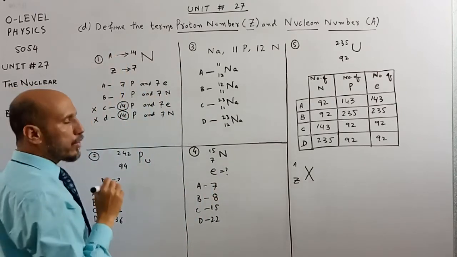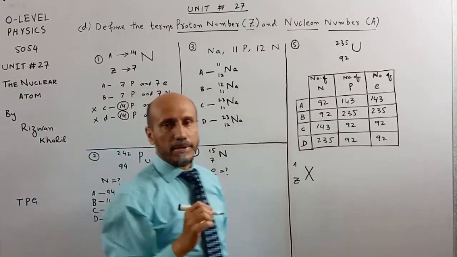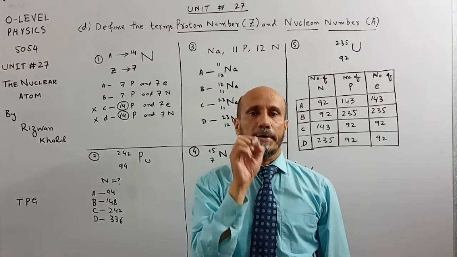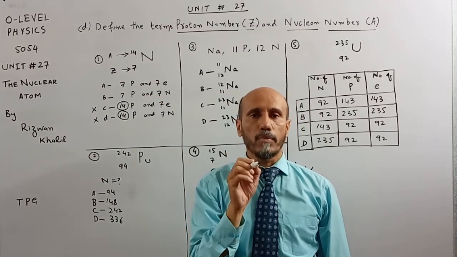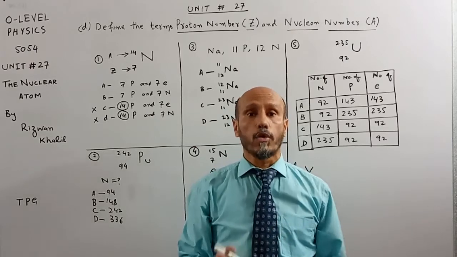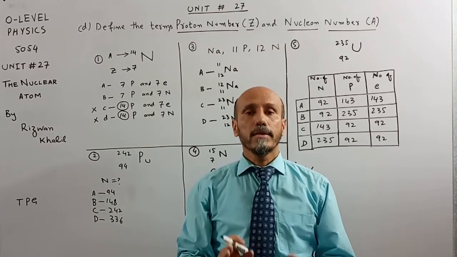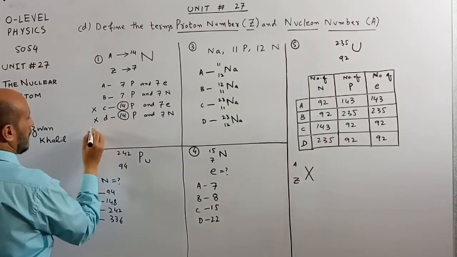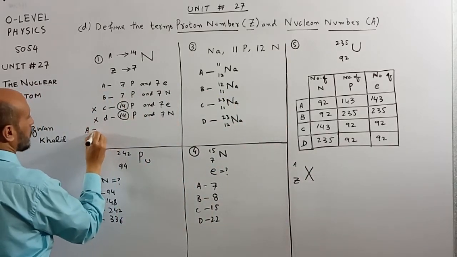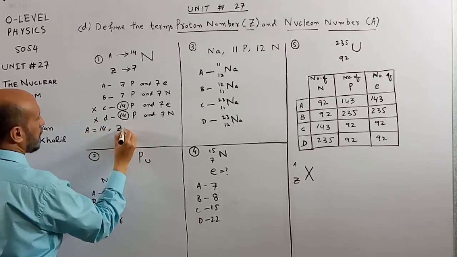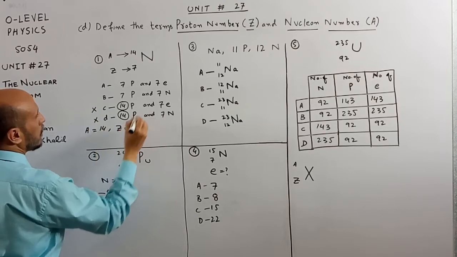According to the definition, capital A is equal to the sum of particles, the sum of protons and neutrons, not the electrons, in the nucleus. So here the value of A is 14 and the value of Z is 7.